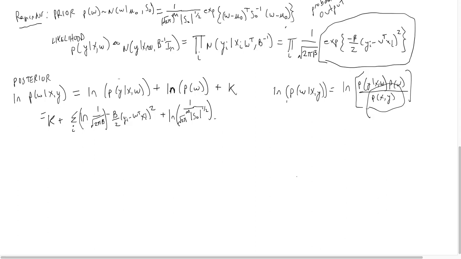Plus the plus negative 1/2 w minus mu naught. Again, this exponential right here, that gets canceled out when we take the ln, and we're left with whatever was inside.